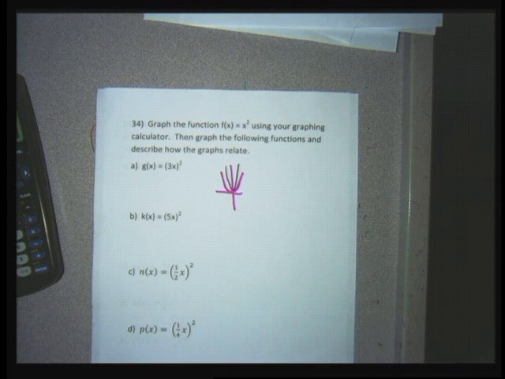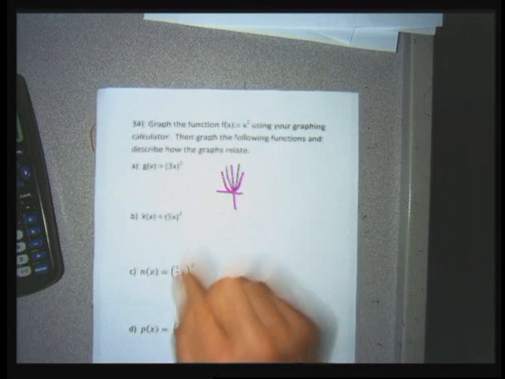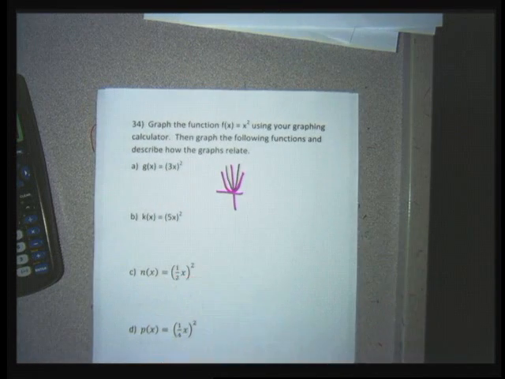All of the graphs in 34, 35, and 36, instead of being moved or flipped over, are going to be made fatter or skinnier. How big the number is and where the number is will impact whether the graph gets fatter or skinnier. I'll show those in my solutions manual.